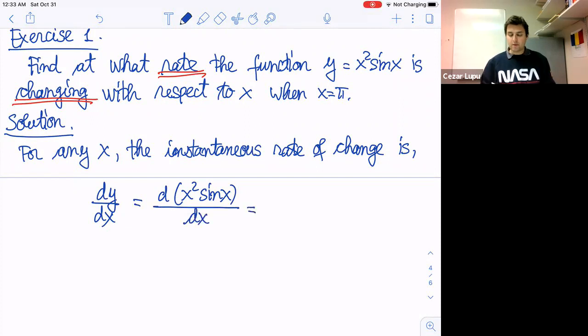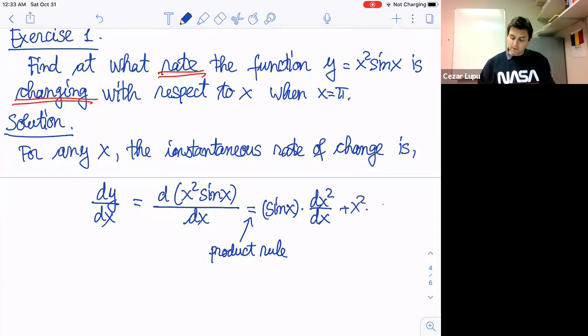And now let's compute the derivative. Basically, we have to compute the derivative of y of x, which is nothing else than just the product between x squared and sine of x. So we apply the product rule here. So by applying the product rule, we have the following. We have sine of x times dx squared over dx. So we take the derivative of x squared first, plus x squared times d sine of x with respect to x.